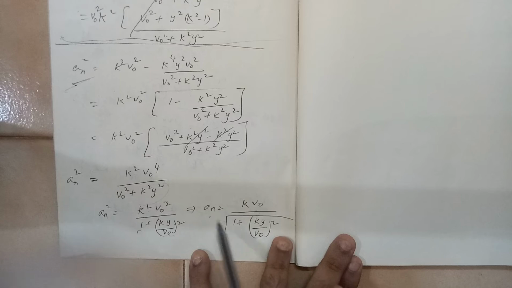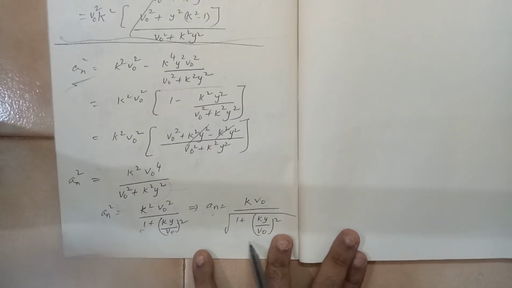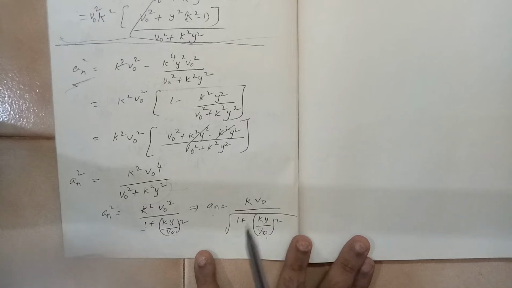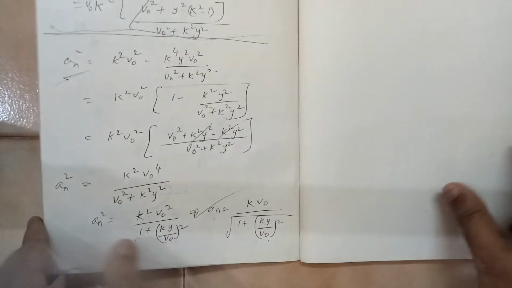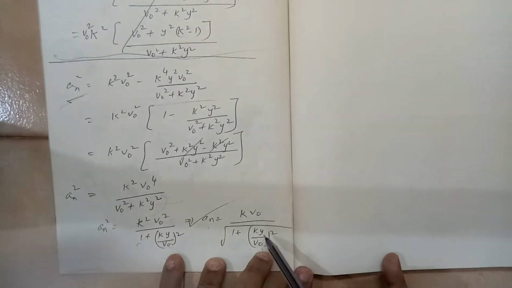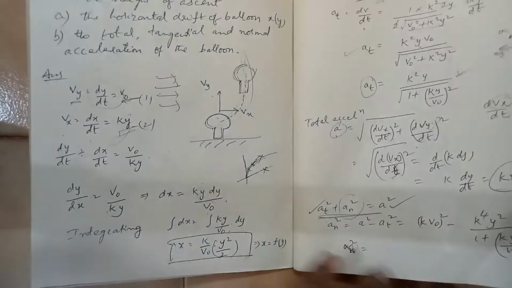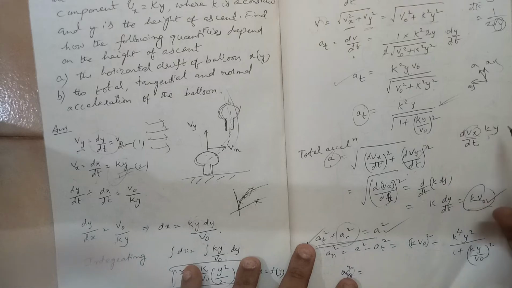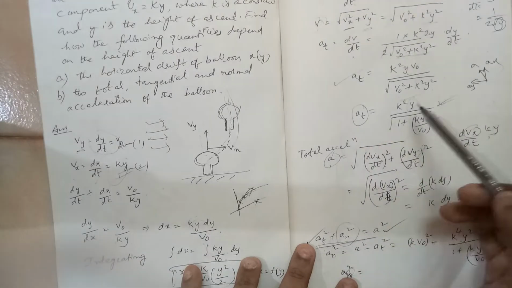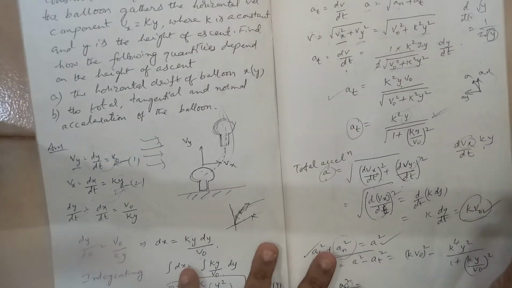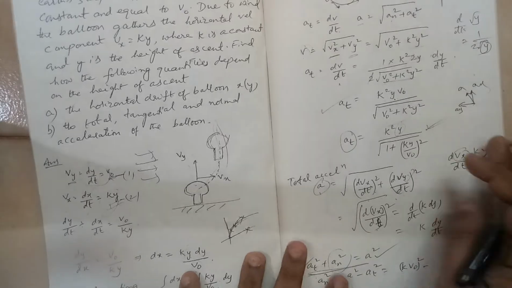So an will be root over this whole value, k v0 divided by 1 plus ky by v0 whole square. So this is the value of an. As y is varying, you can find the value of normal acceleration, you can find the value of tangential acceleration. Thereby you can obtain the total value of acceleration.